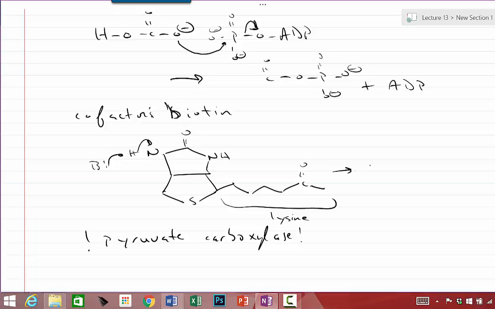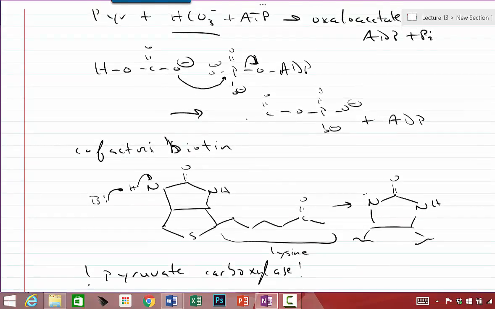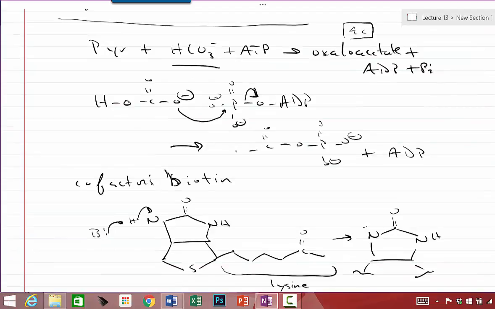Now we've got some electrons there that are ready to attack, and this will attack that activated carbonate.